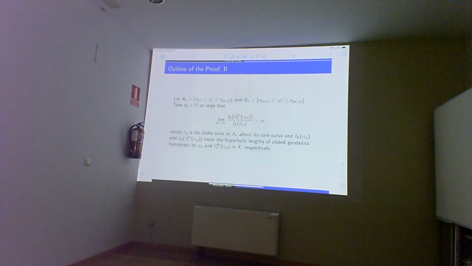You do the Dehn twist on alpha n many times, P_n times, such that the ratio of the hyperbolic length of the image curve to the original hyperbolic length goes to infinity. You take P_n large enough, and you can have that. That's the construction.